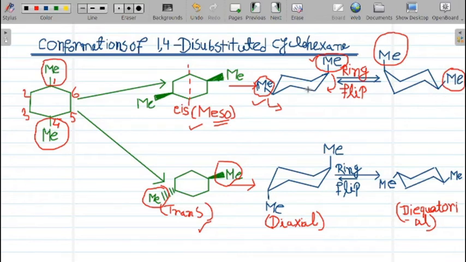So in this conformer, due to this axial methyl group, there will be 1,3 diaxial interaction through these two hydrogens.